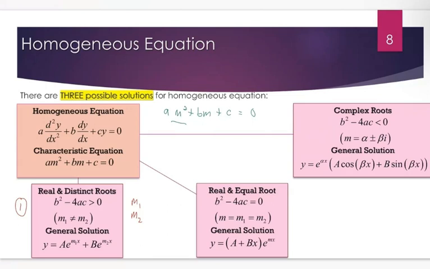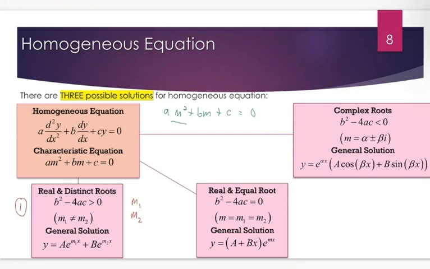How do you know the first case? From the quadratic equation, b squared minus 4ac greater than 0. If this is the case, you have two values of m, real and distinct, two different values.